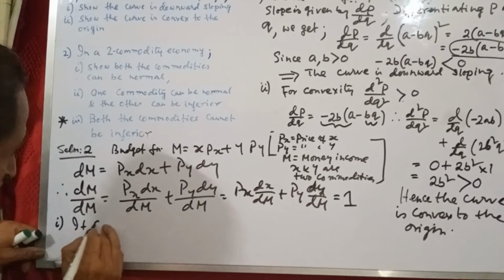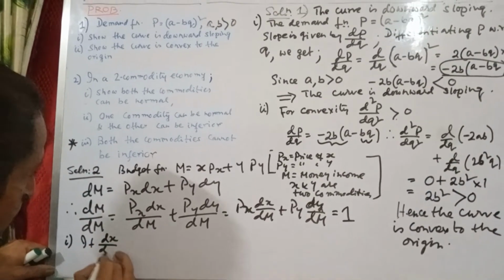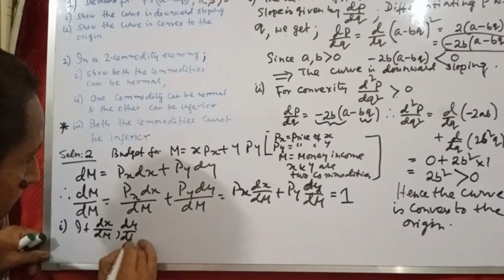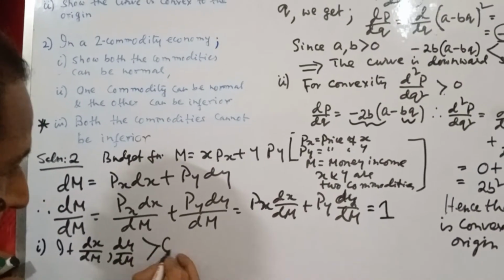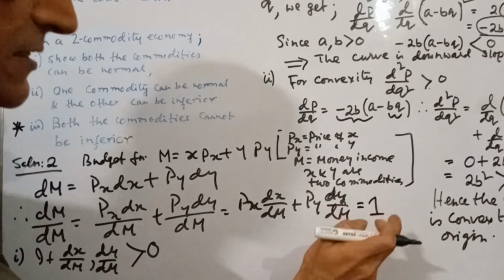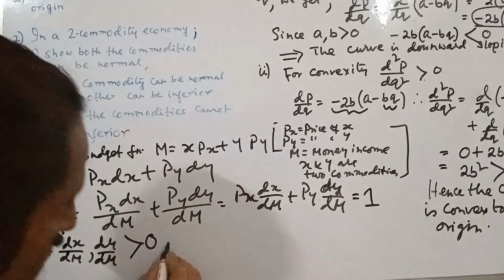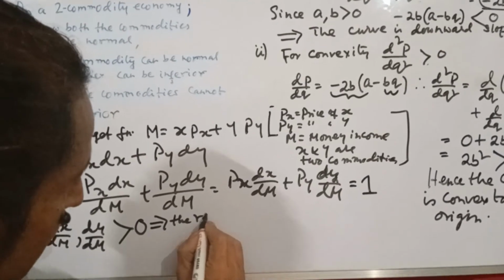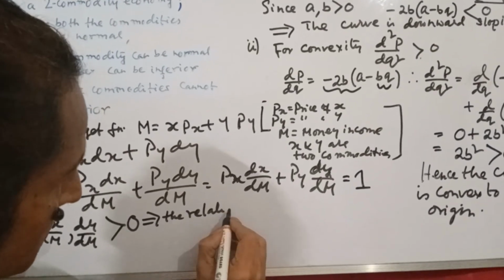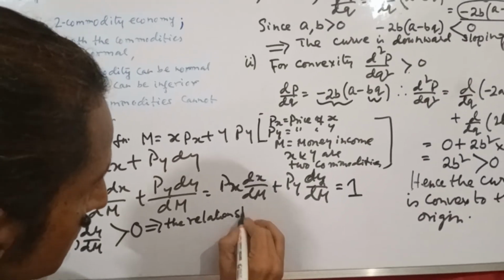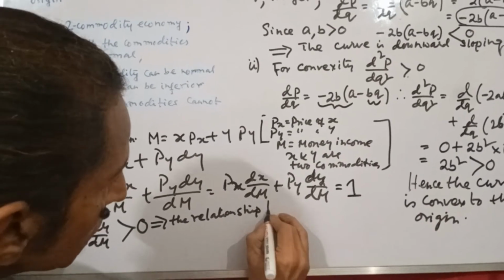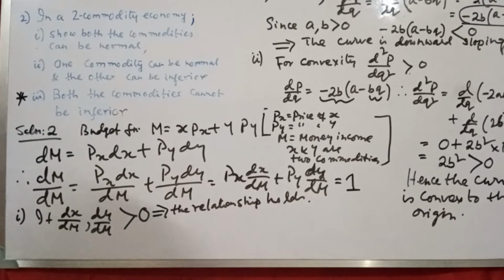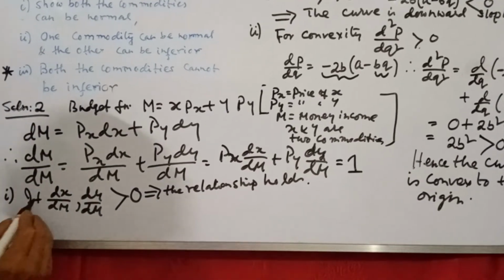If dx/dm and dy/dm are greater than 0, this relationship holds. The relation holds. Right?